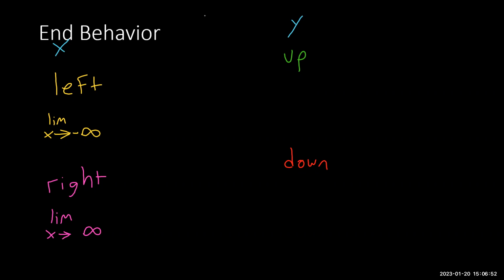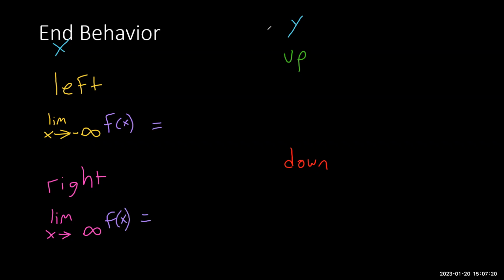Now, what about the up or down? The up and down are what those equal. So we're saying the limit of f of x, the limit of f of x. What is the function doing as you go to the left?